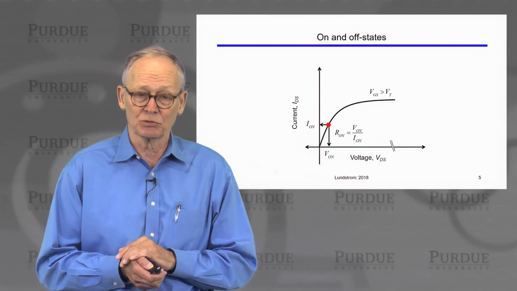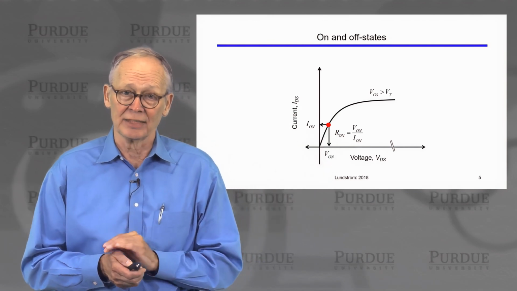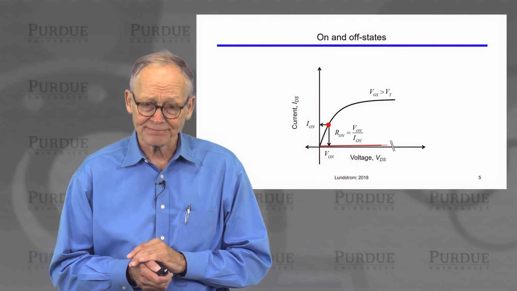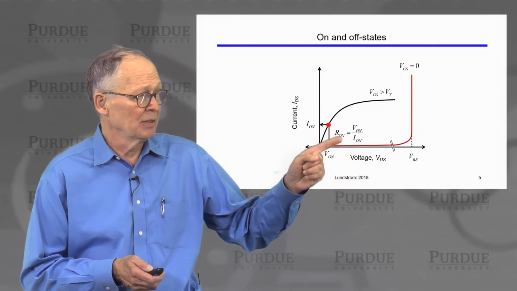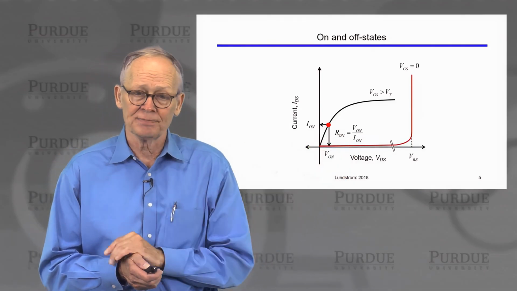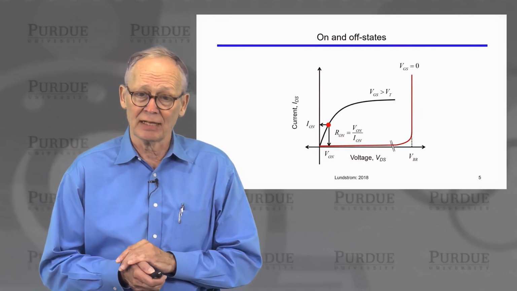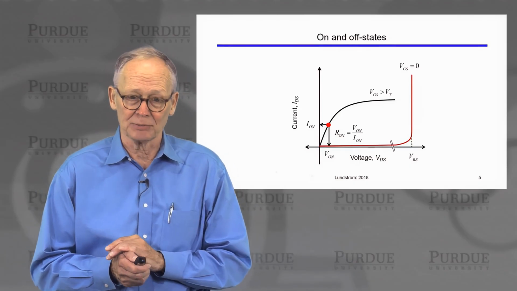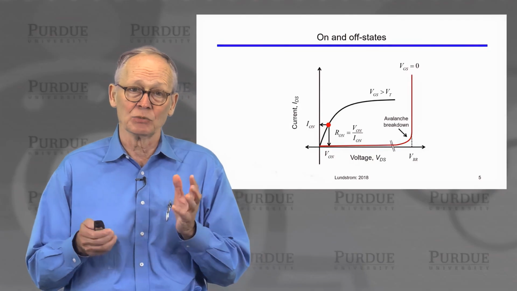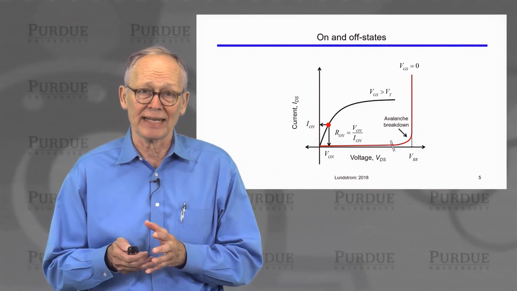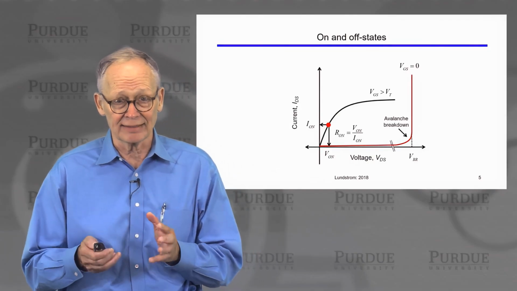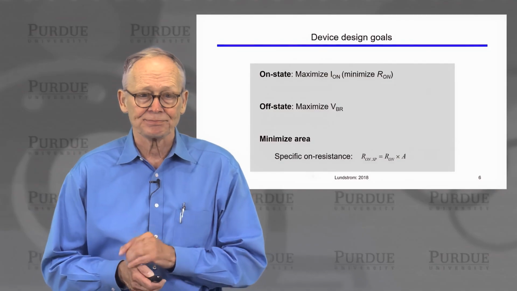The on resistance will be the on voltage divided by the on current. Now in the off state, we'll crank the voltage up very large. Eventually the device will break down. We'd like that breakdown voltage to be as large as possible. So that breakdown will generally be determined by avalanche breakdown in the semiconductor itself.